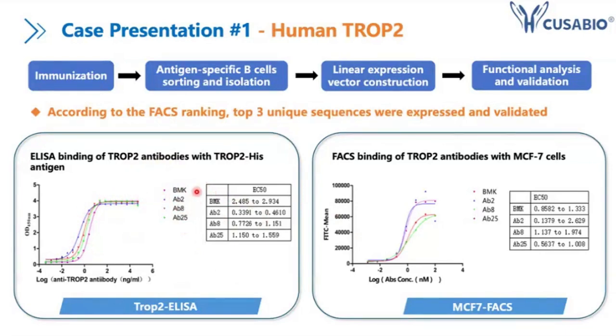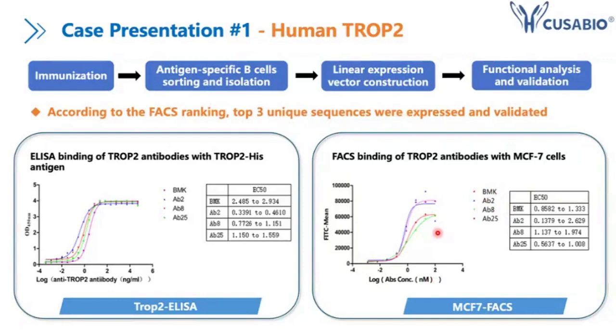And for the Phage binding result here, we even found that we have two hits that showed even better performance than the benchmark control. This means that we are able to deliver good candidates to our customers, and they have comparable performance with the positive control.